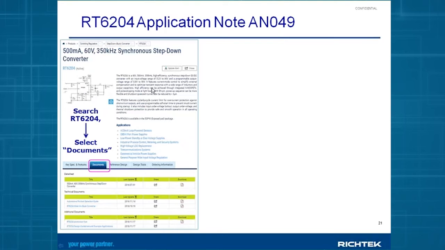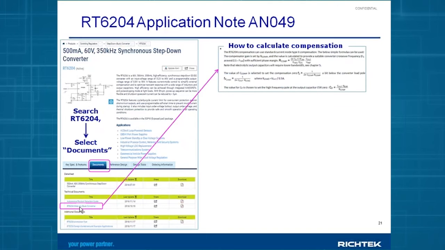We have also an application note, AN049, which gives you a full overview of various calculation methods. You can find this on the Richtek website by choosing RT6204, go to the product page and then select documents. In the documents you see the reference designs, but also the application note for this converter. I provide in this application note all the formulas for calculating the components, like the compensation components, but also the inductor.